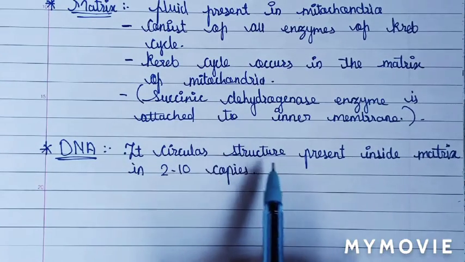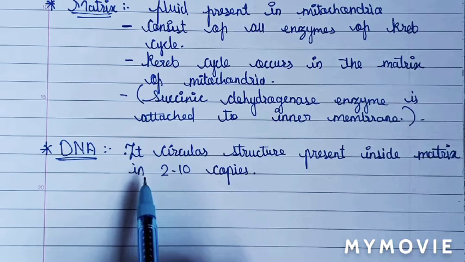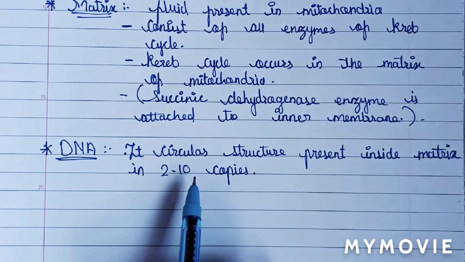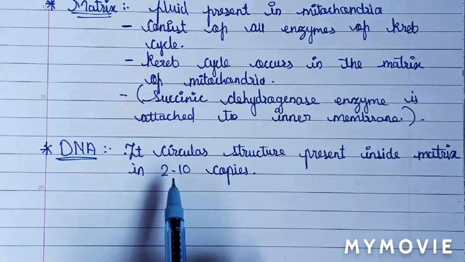It is a circular structure present inside the matrix and it is 2 to 10 copies inside the mitochondria.